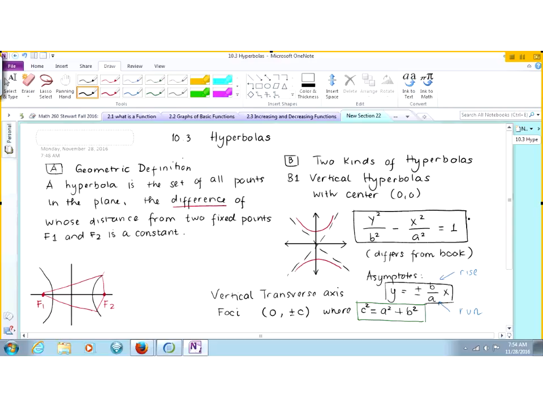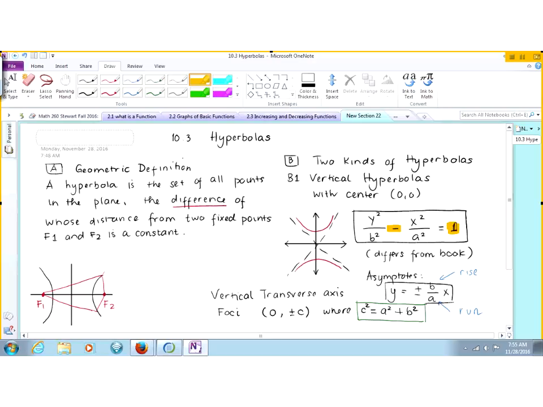Can you tell the difference between the equation of a hyperbola and an ellipse? What about the coefficients of x squared and y squared? One is positive, the other one is negative. How do you know this is a vertical hyperbola?